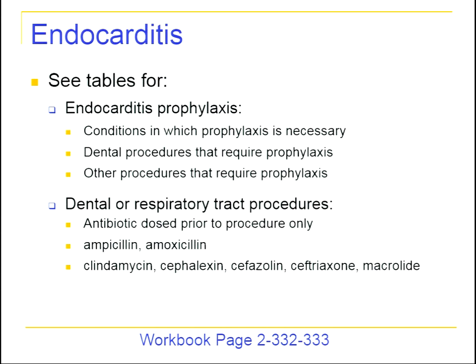So that's table 15 that has conditions. So what is it about the patient that puts them at risk? And then what procedures do you need to use prophylaxis for? You don't have to use prophylaxis for every dental thing that happens, and you obviously don't need to use prophylaxis for everybody, only people with certain conditions.